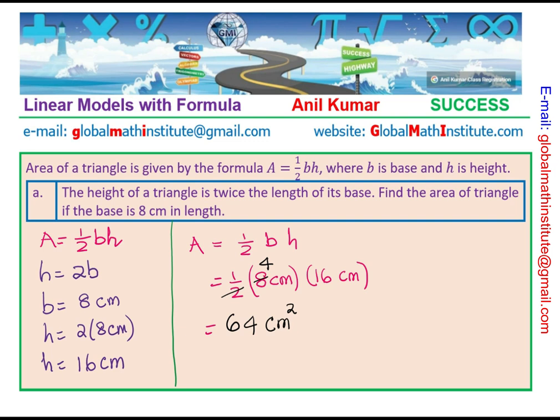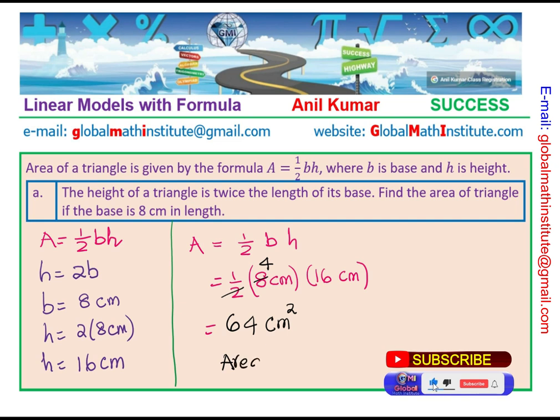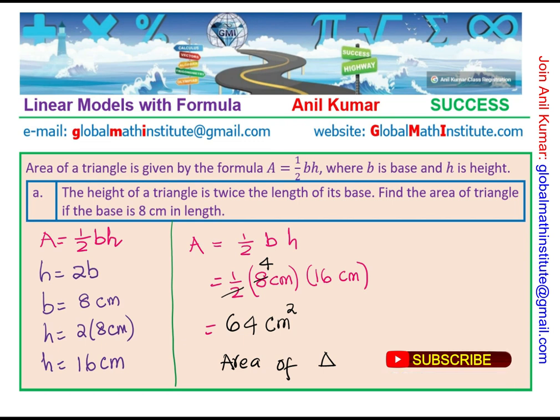Area is 64 centimeters square. This symbol on its own is also known as area of triangle, but it signifies that the area of the triangle is 64 centimeters square. I hope that makes sense.